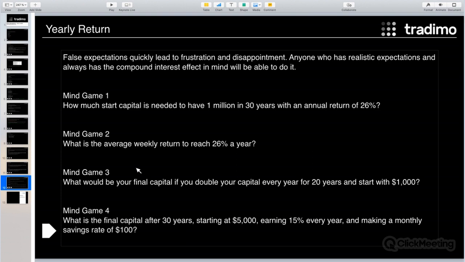So what would be your final capital if you double your money every year for the next 20 years and you are starting with $1,000? What is your final capital after these 20 years? What do you think? Oh, shit.